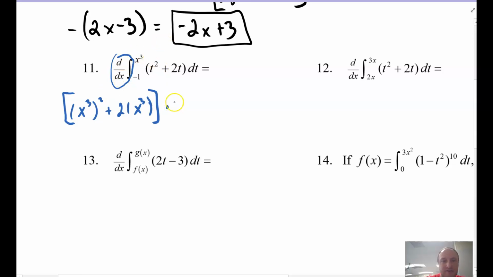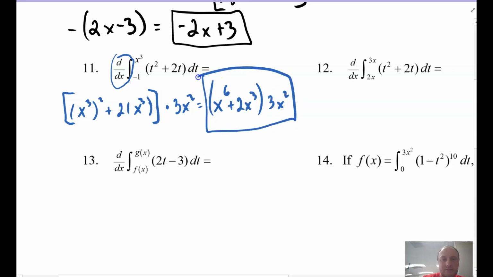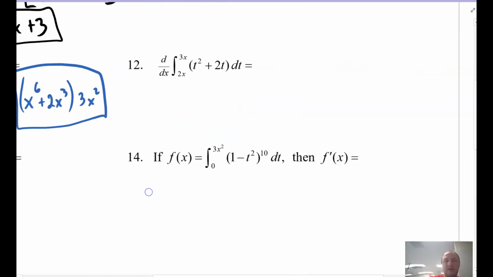I'm taking the derivative of this, so this is going to be times 3x squared. If I just clean this up a little bit, we have x to the 6th power plus 2x cubed, all times our derivative of the inside, 3x squared. And there's your answer.